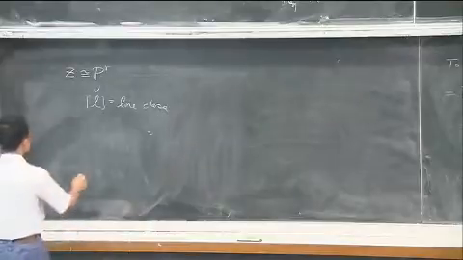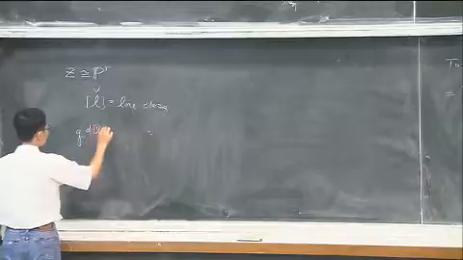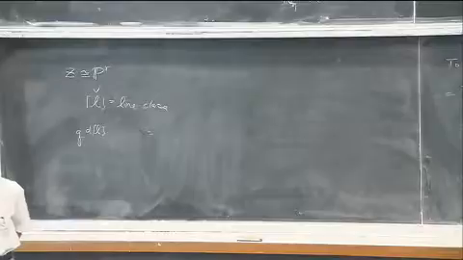So in the summation, Q to the power of the line class will be your Novikov variable in that direction. Does that make sense?